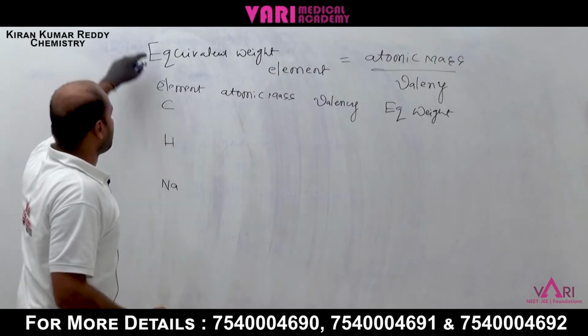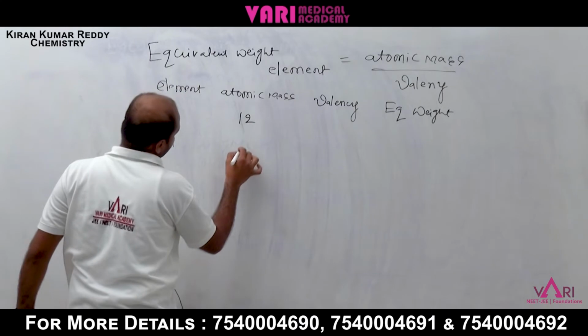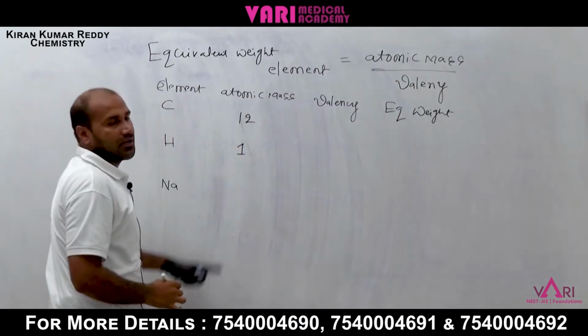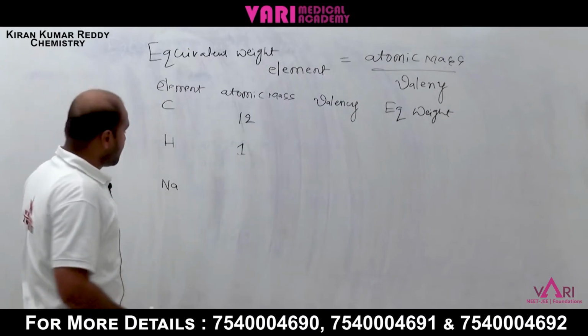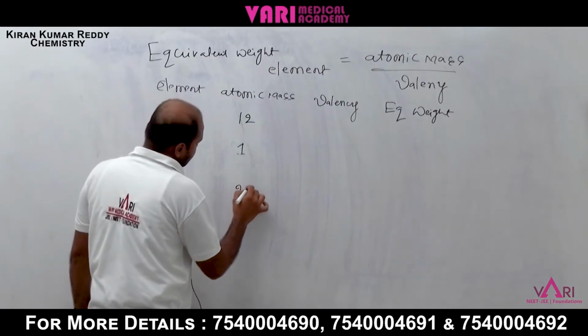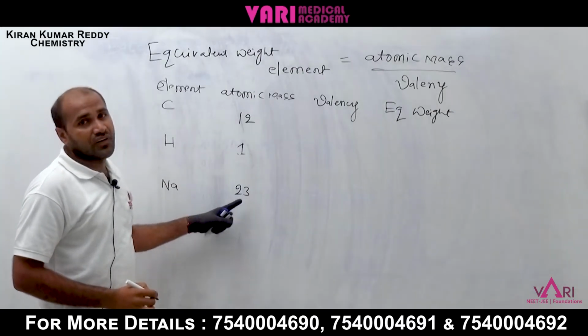First one is carbon, atomic mass is 12. Hydrogen, the atomic mass is 1. Sodium, the atomic mass is 23.